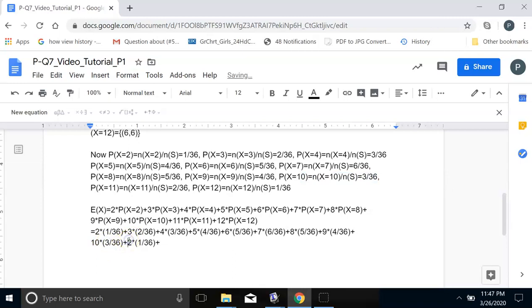Then 11, probability 2 over 36. And the last one, 12, the probability X is 12 is 1 over 36.